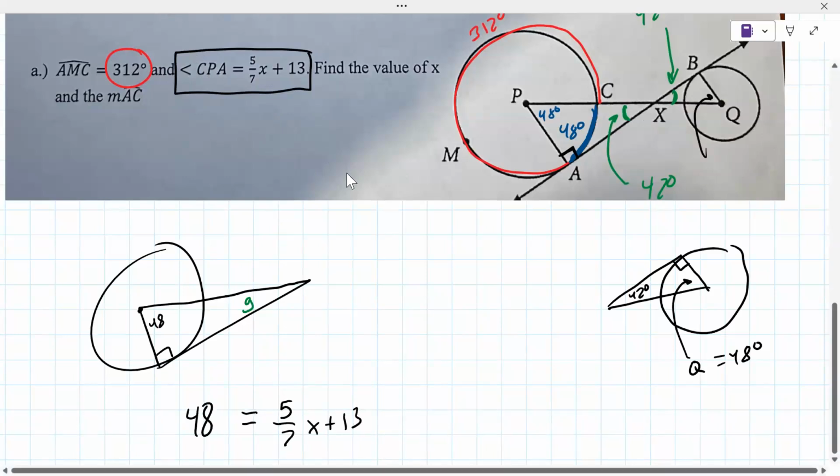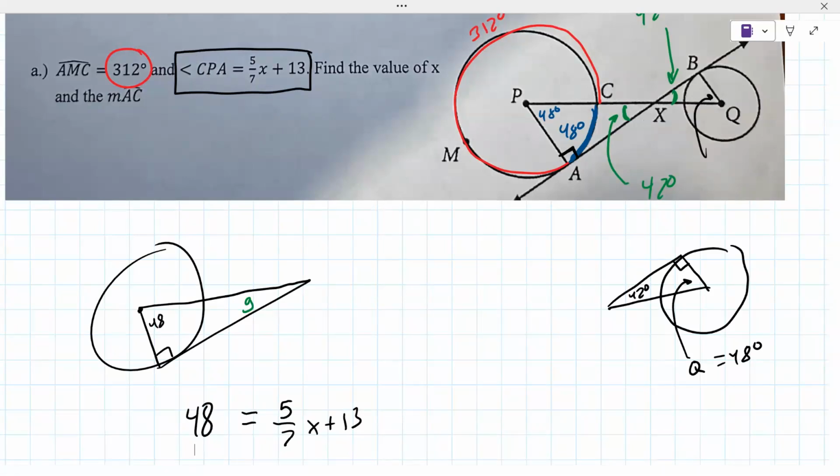Could you try solving this equation, please? I would flip 5 over 7, right?